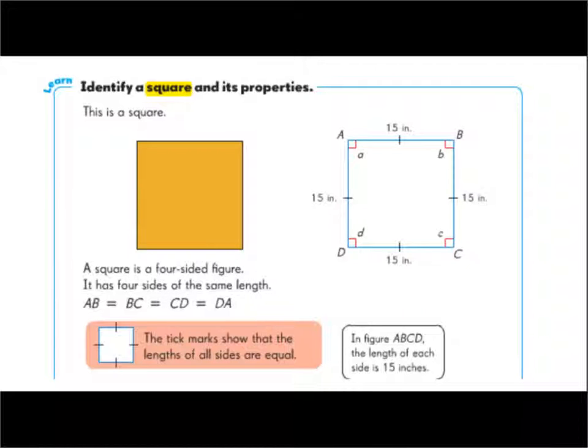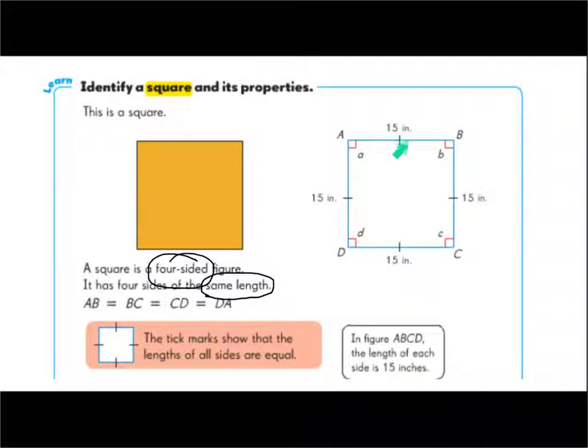Okay? The first thing is that it is a four-sided figure, and they are all the same length. All of the sides are the same length. You can see right here that this drawing shows that they are all the same length.